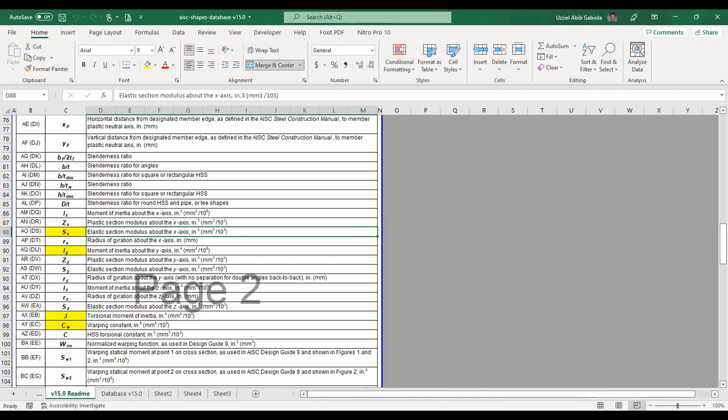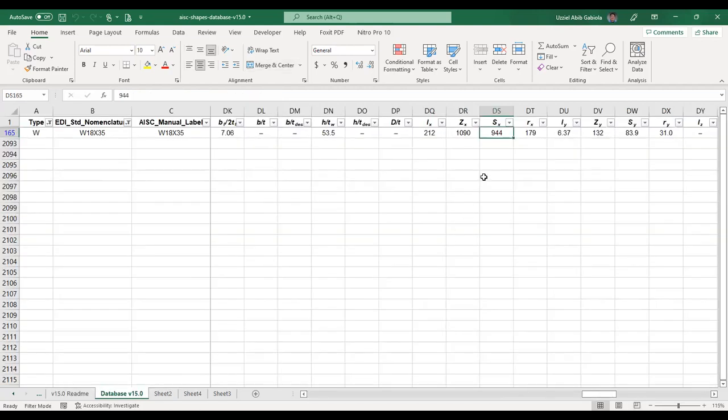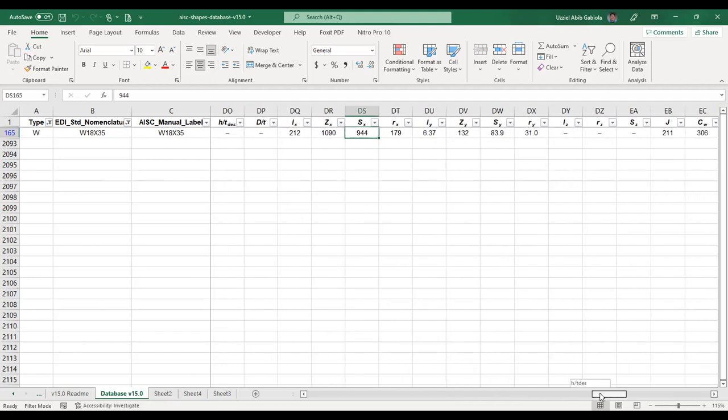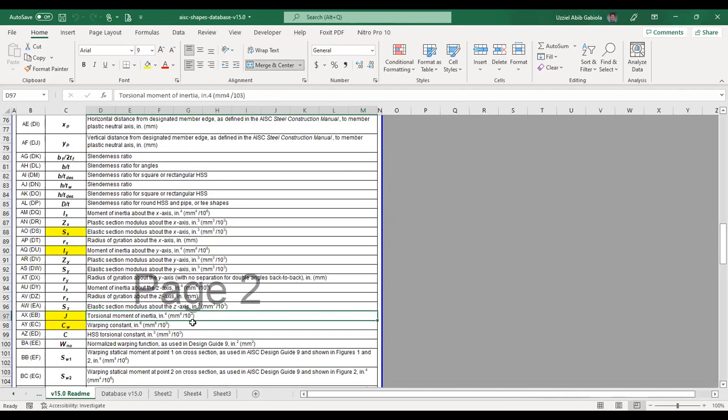Okay? Then last is the value of J, our polar moment of inertia. It is also here somewhere. There. This is it. 211. Its unit, go here. 211. That's it. Times 10 to the 3.